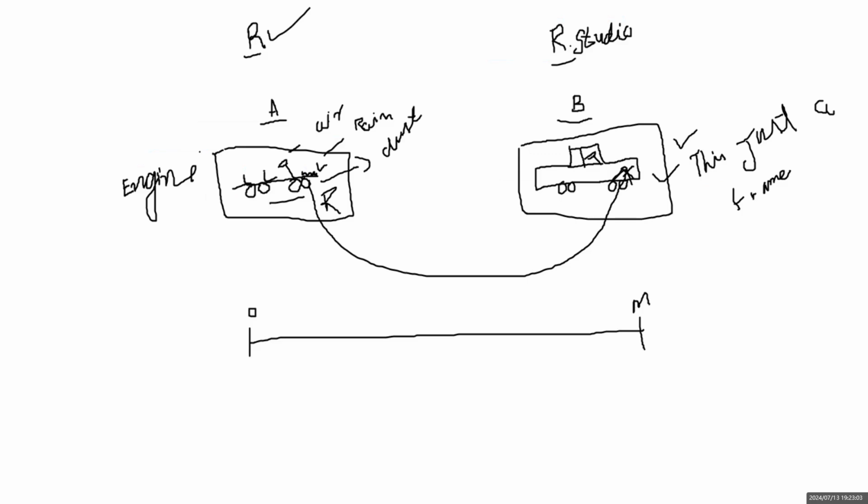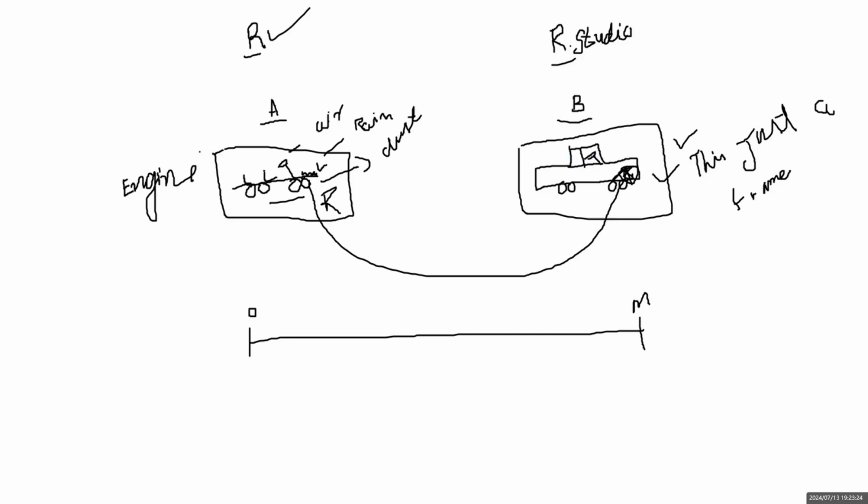So R is the programming language, while R Studio provides you a structure where you can run your engine. Actually, when you are working on R Studio, basically in the background its engine, R, is working.